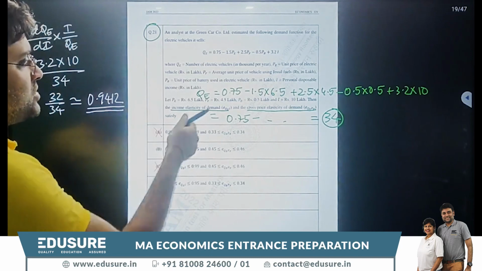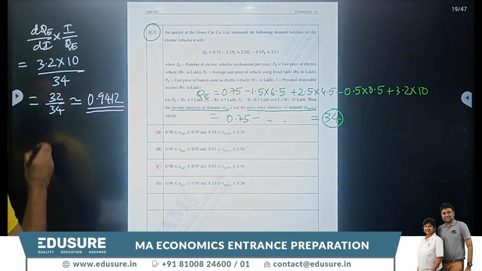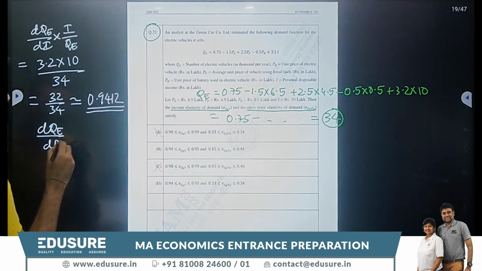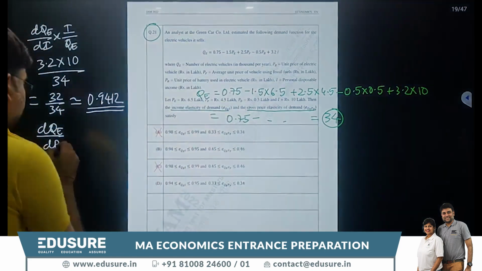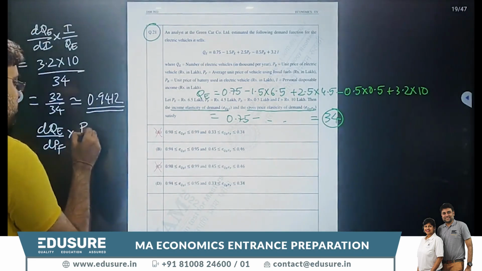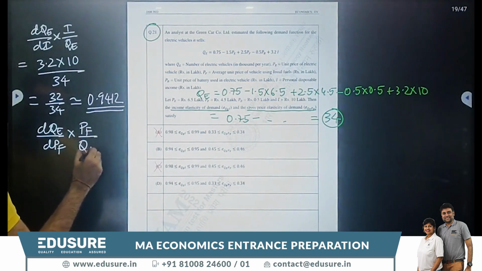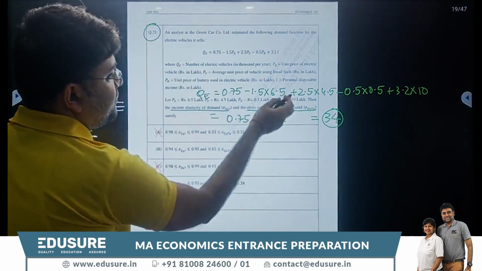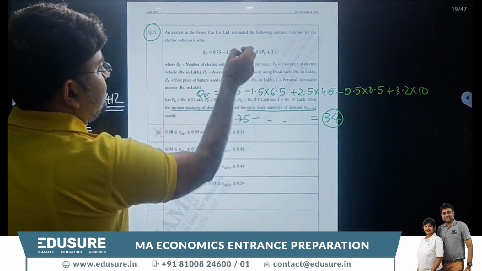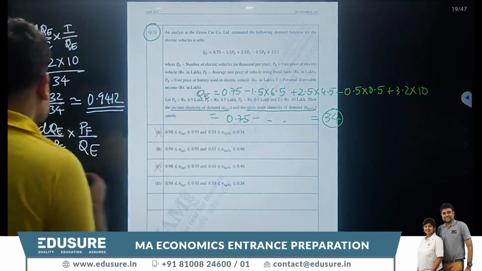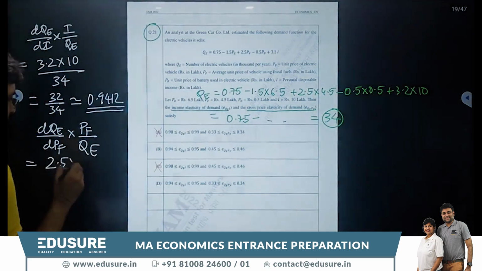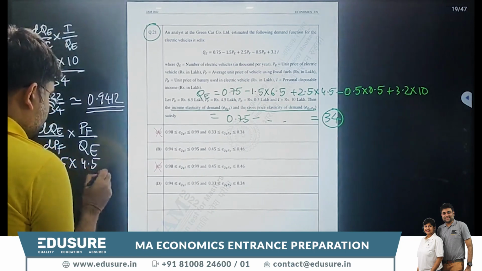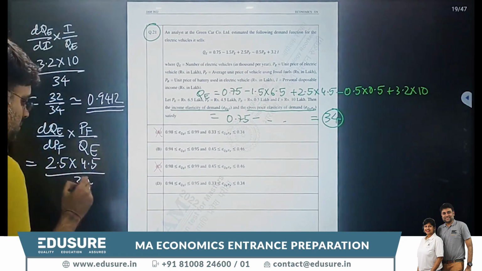Okay, now we need to check the cross price elasticity. Cross price elasticity is dQE/dPF into PF by QE. dQE/dPF is 2.5, the coefficient of PF, multiplied by PF, which is 4.5, divided by QE.